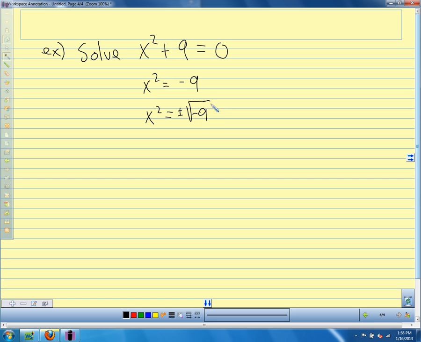I'll write another step here: plus or minus the square root of negative 1 times 9. What's the square root of negative 1? i. What is the square root of 9? 3. So plus or minus i times 3. And the way we usually write this is plus or minus 3i.